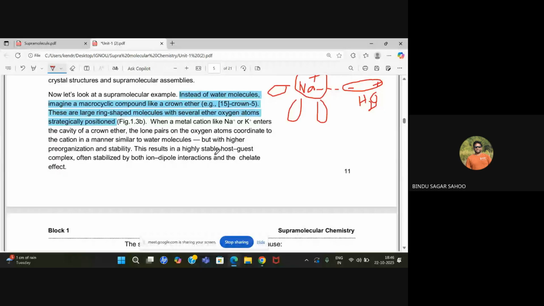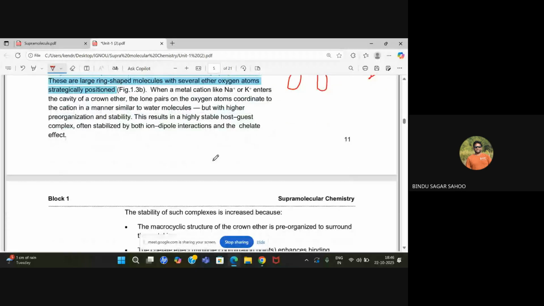Particularly, the chelate effect is created due to an increase in entropy. When entropy increases, it makes it favorable to create a more negative Gibbs energy. When it makes a more negative delta G value, the process will be more feasible. Okay.